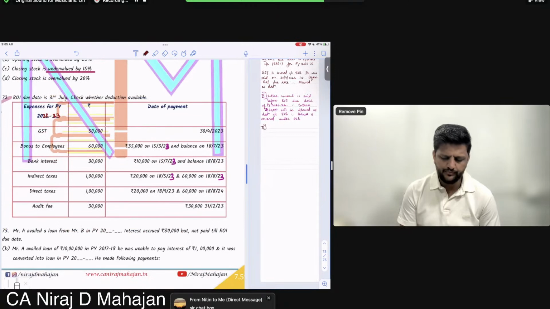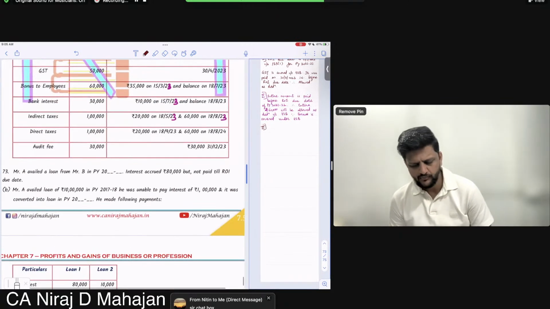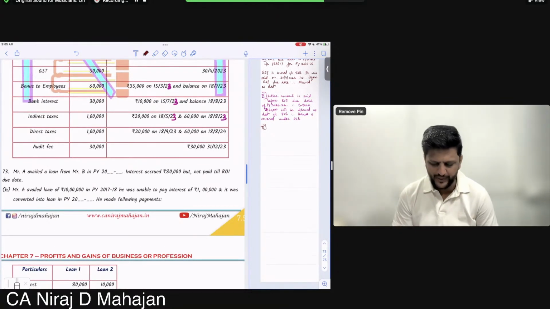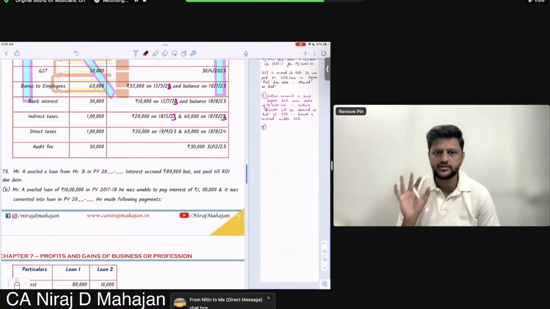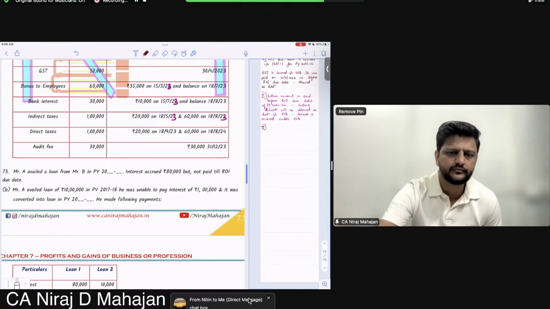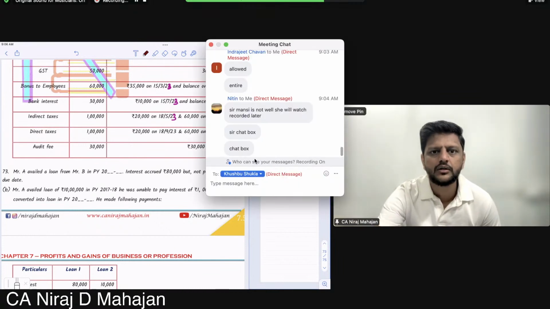Bank interest of 30,000, 10,000 paid on 15th July, but balance on 18th August 23. What will happen? 18th August.